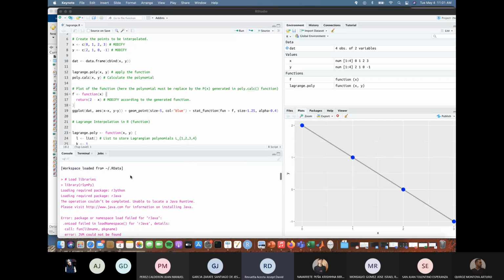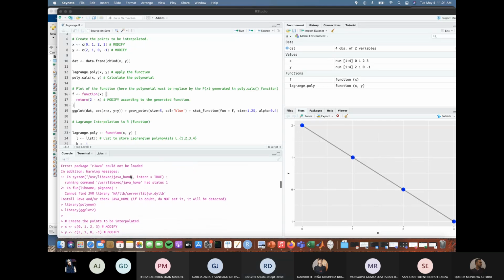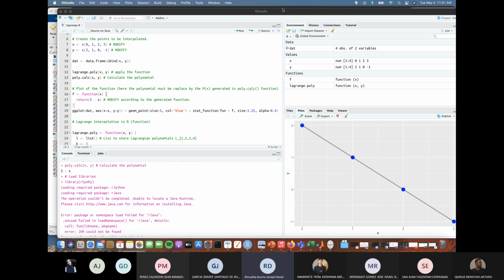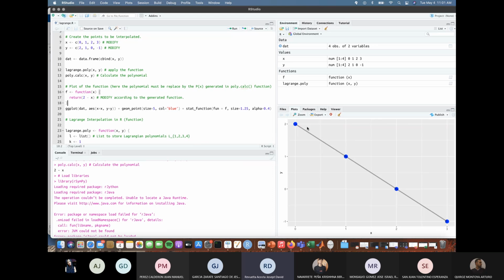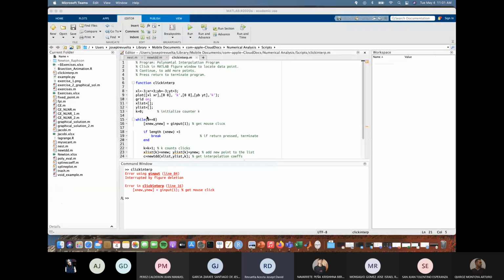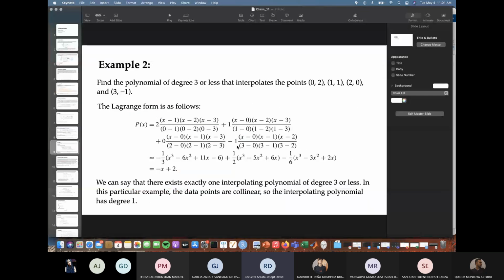And if you check here in my package, the solution is 2 minus x, or minus x plus 2, and the plot at the end is a line. You see it here. This is in general the 4 points that we provide. It's a very straightforward verification, and of course this is the result. So were you able to obtain this solution?